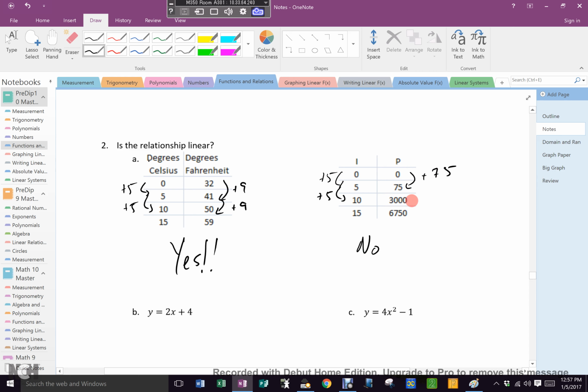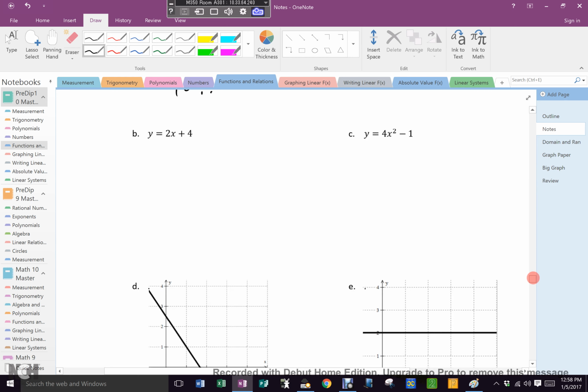If this were linear, what would this have to be? It'd be plus 75, so it'd be 150, right? Yeah. But it's not. So that's not linear. Everybody cool? Okay, so that's one of our 4 methods out of the way. I can look at a table of values and I know if it's linear or not. Cool? All right. Now we'll try it with equations.